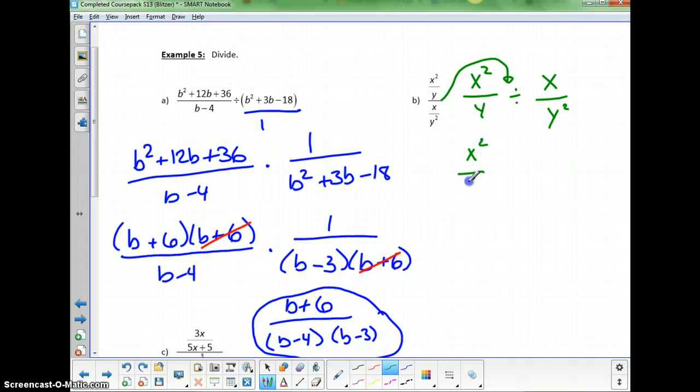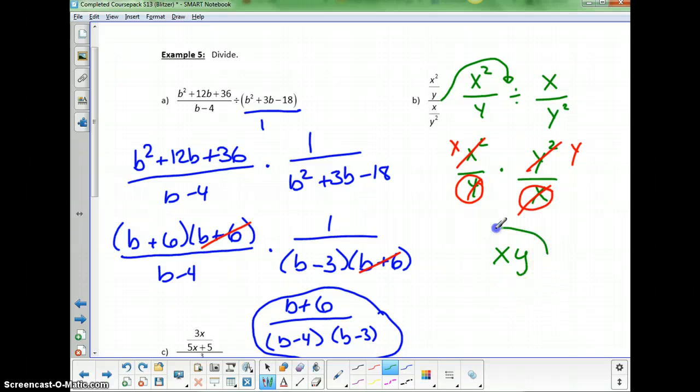So x squared over y times y squared over x. These are all monomials, so this y will cancel with one of those y's, leaving me with one y. This x will cancel with one of those x's, leaving me with one x. So what I'm left with is x times y on the top over 1 in the bottom. I don't need to write the 1 if it's in the bottom.